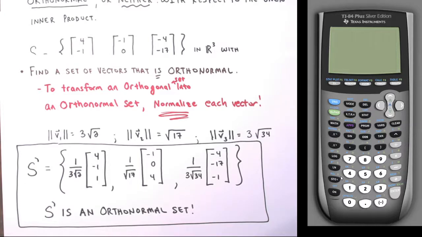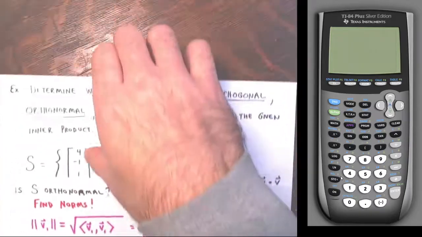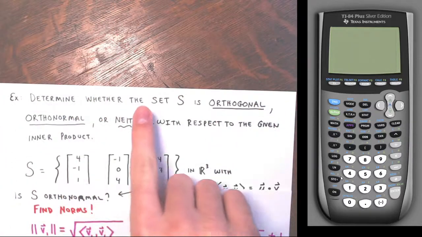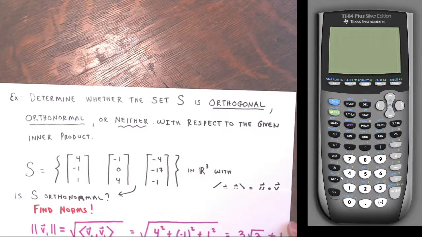If you have an orthogonal set already and want to change it into an orthonormal set, just normalize each vector, multiplying each vector by the reciprocal of its norm under that particular inner product. Great. Let's go back to the original instructions: determine whether a given set S is orthogonal, orthonormal, or neither for the next example.